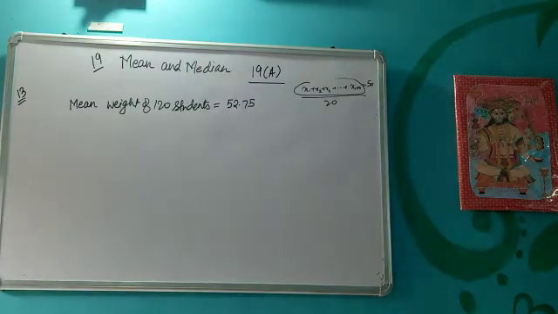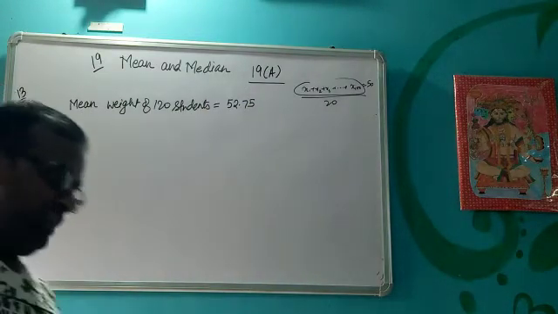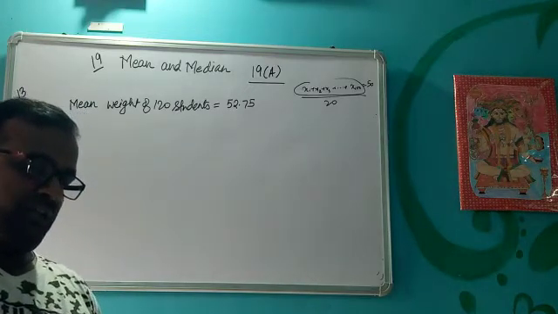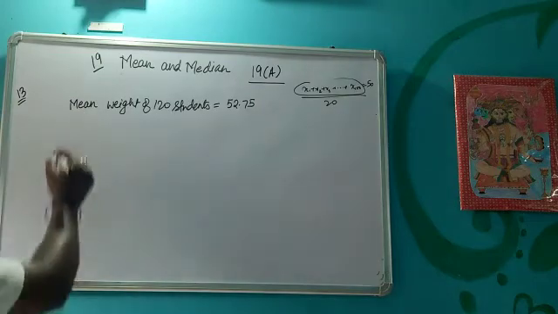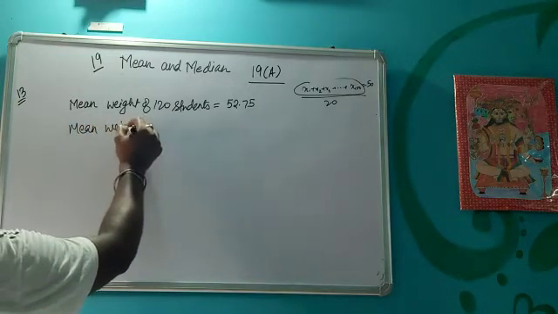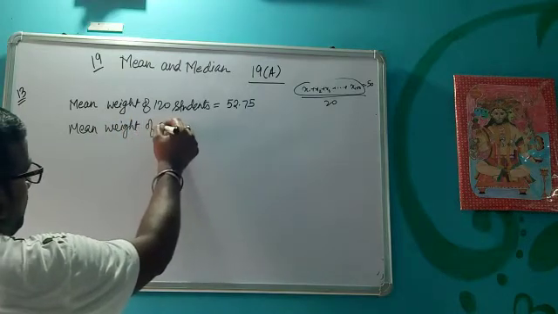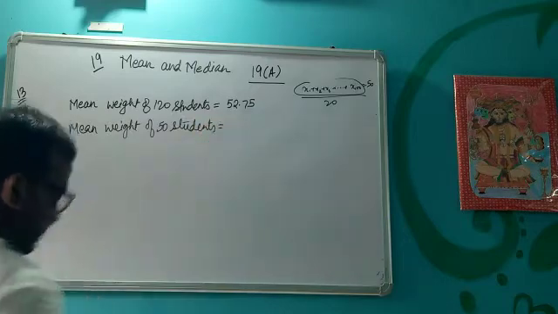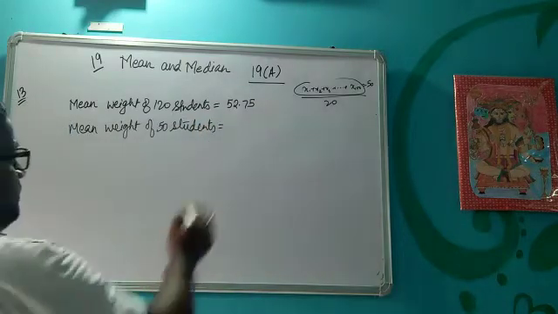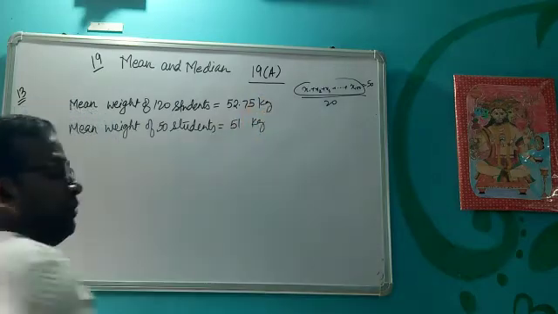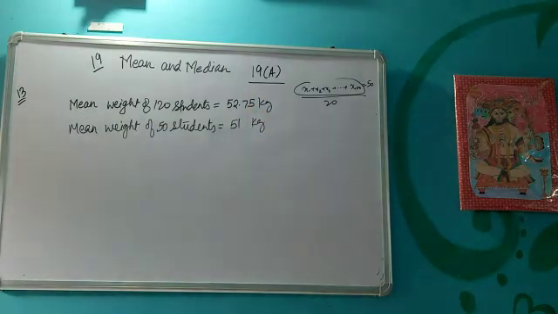If the mean weight of 50 of them is 51 kg, find the mean weight of the remaining students. So the mean weight is given and it is 51 kg. Now we have to find the mean weight of the remaining students.